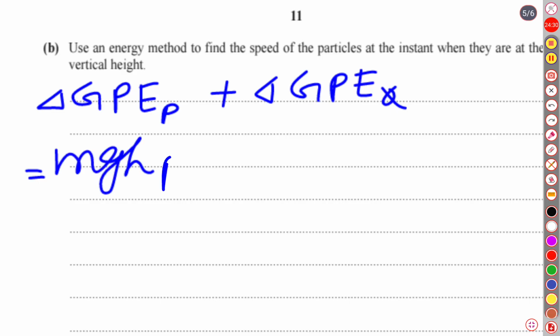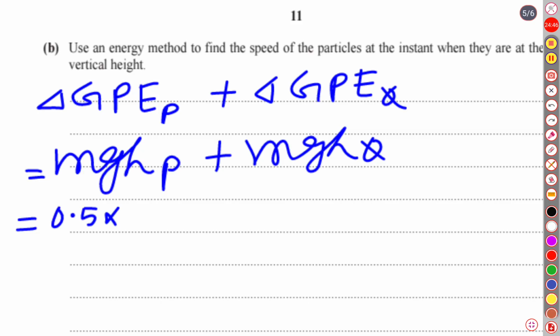That is mgh of the final height of P, plus mgh of the difference between the initial and final height of Q.